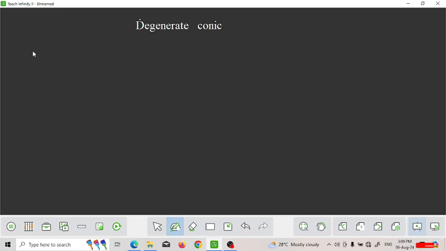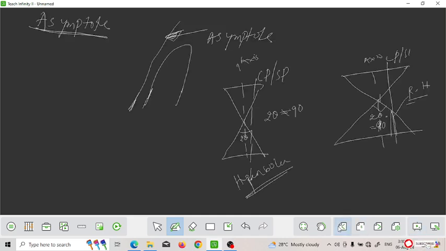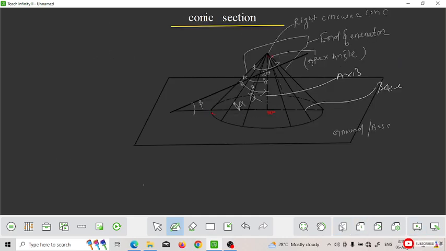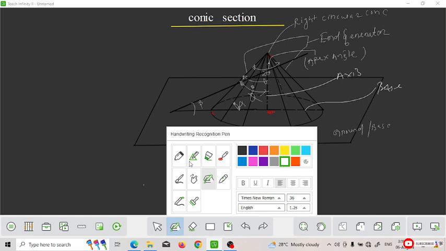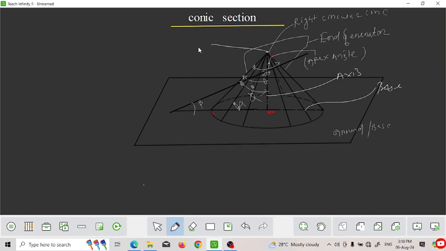Okay, when a section plane passes through the apex, then degenerate conics are formed. Okay, as you know what the apex is, just in the first slide we saw these are the apex, and when the cutting plane just goes through this apex point, we form degenerate conics.